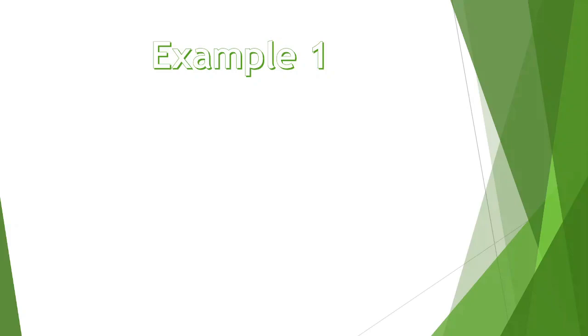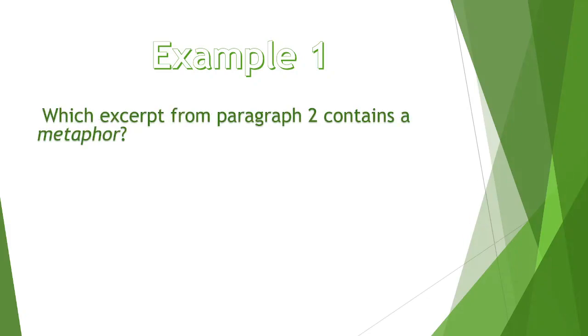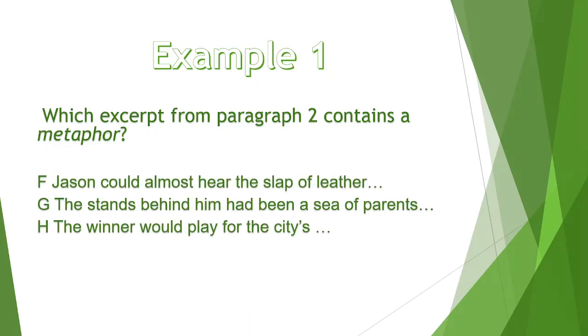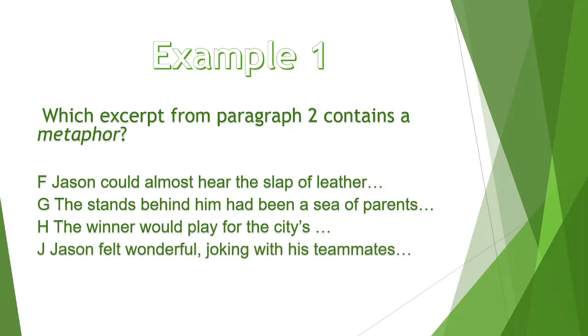Now we're going to use 3 specific examples to demonstrate how we use the simple 2 steps to answer literary device questions. Example 1. Which excerpt from paragraph 2 contains a metaphor? So this question tells you your job is to find which sentence has a metaphor in it.